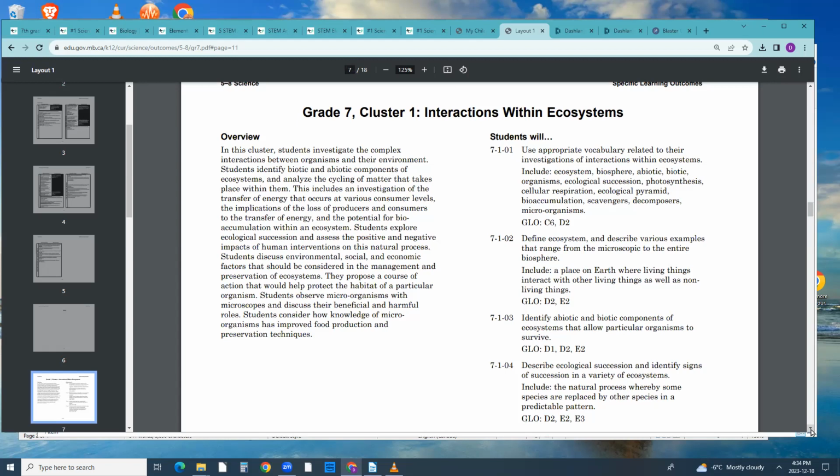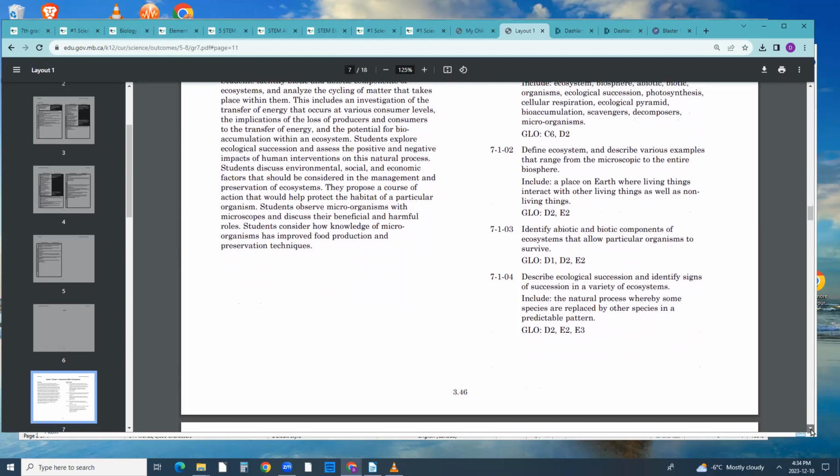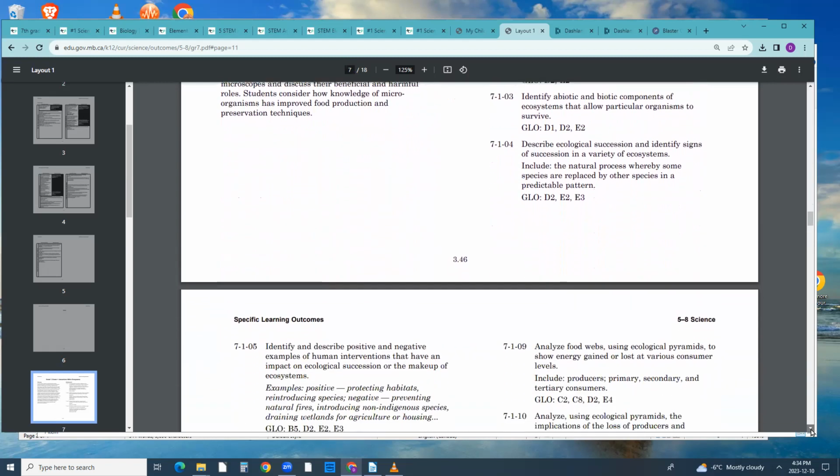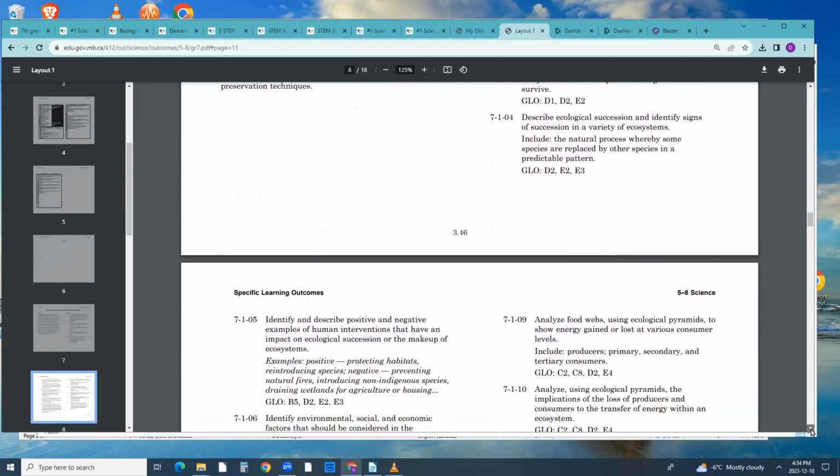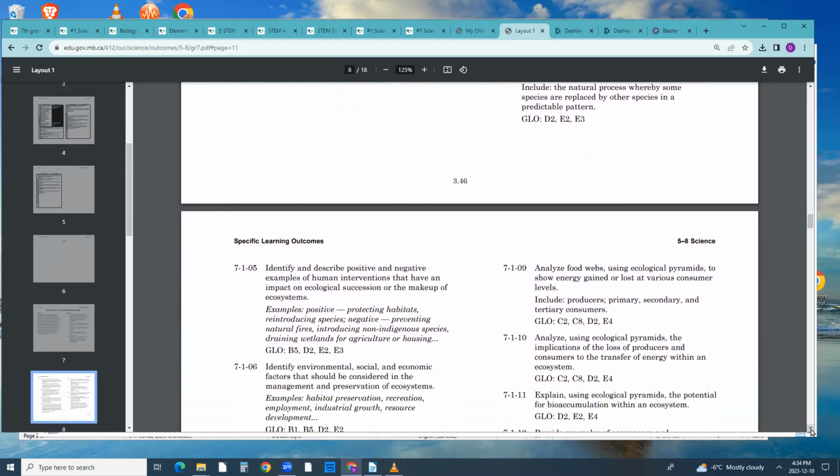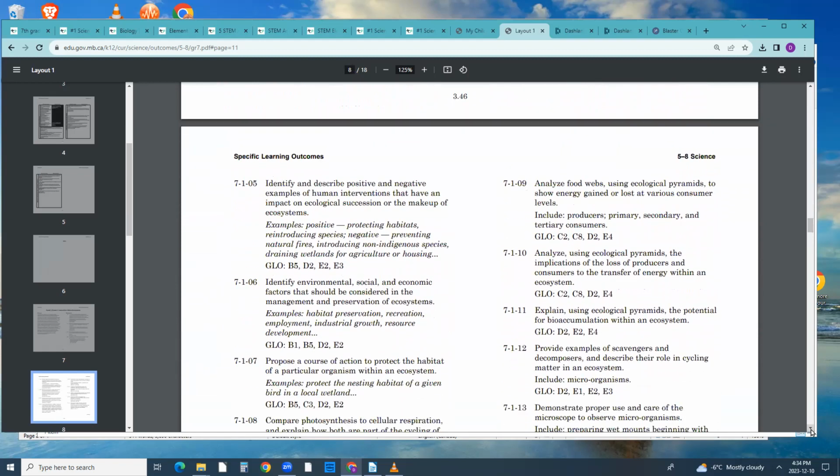Include a place on Earth where living things interact with other living things as well as non-living things. Identify abiotic and biotic components of ecosystems that allow particular organisms to survive. Describe ecological succession and identify signs of succession in a variety of ecosystems. Include the natural process whereby some species are replaced by other species in a predictable pattern.